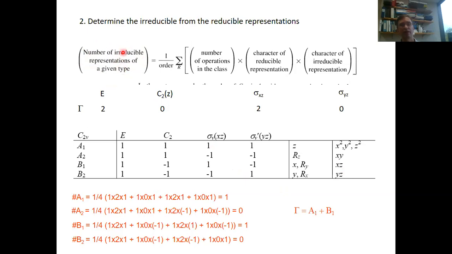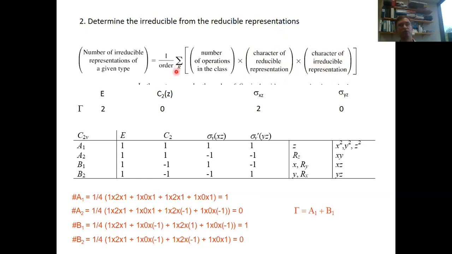That number is equal to 1 over the order of the point group, times the number of operations in the class, where class means a column associated with a symmetry operation, times the character of the reducible representation for that particular symmetry operation, times the character of the irreducible representation for that particular symmetry operation.